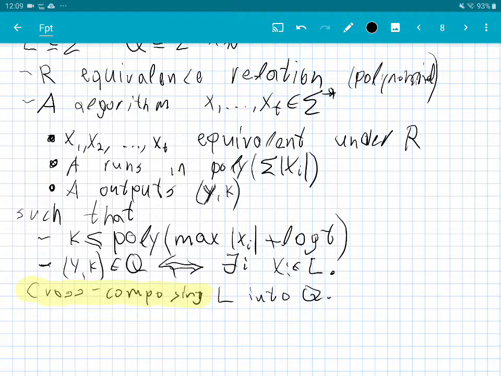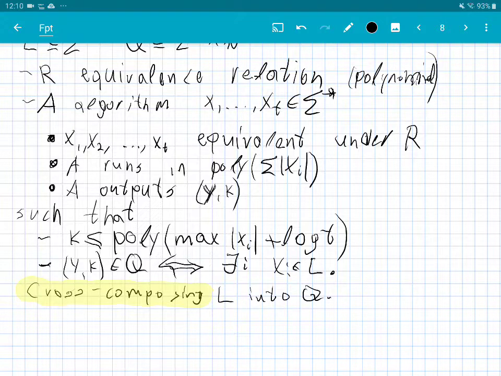This new instance has certain properties. First, we require that the parameter k is not too large. The parameter k has to be of polynomial size. This is critical. The polynomial size is in the maximum size of any of those instances xi plus log t. For the time being, just forget about the log t, because log t is very small. Intuitively, you can take a huge number of instances and map them into one instance with parameter k, and k is going to be small.